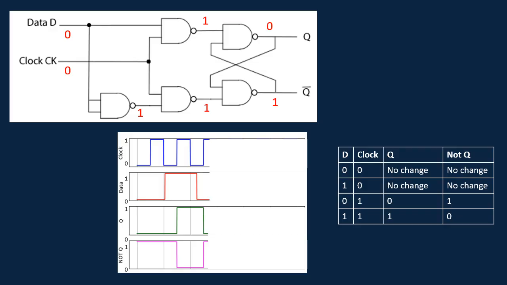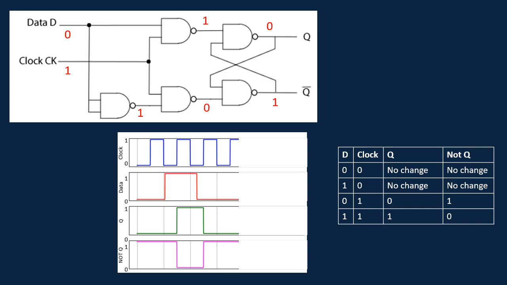Now as our clock changes to 1, our Q now drops to 0 because our input data value is 0. The next stage is our clock is at 0, our data remains at 0, and therefore our output Q will remain at 0, so there's no change in the output.